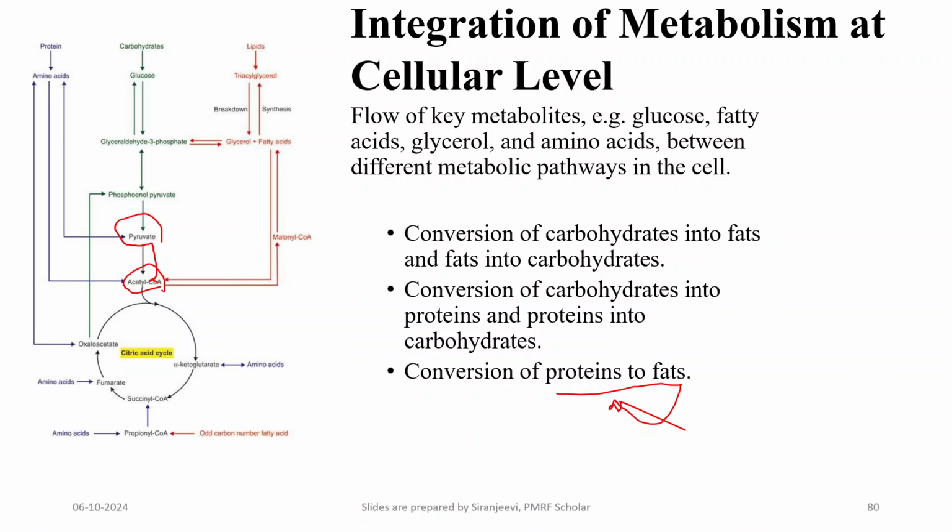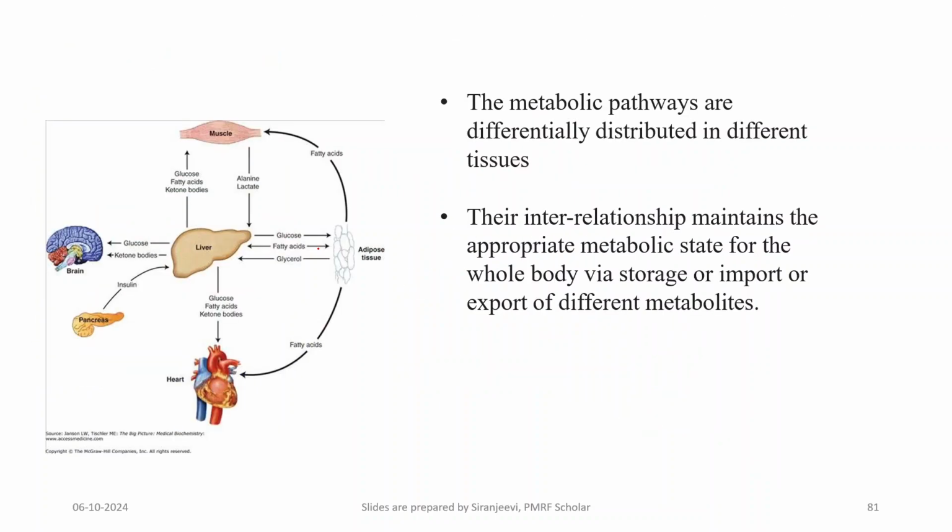This acetyl CoA can again form malonyl CoA, then free fatty acids, then triacylglycerol. But in the case of protein, protein will be converted to amino acids that can be converted to pyruvate, acetyl CoA, or oxaloacetate. Then again it can form protein. So this is why the metabolism of protein, carbohydrate, and lipids are interrelated, and there is an integration between them at the cellular level.